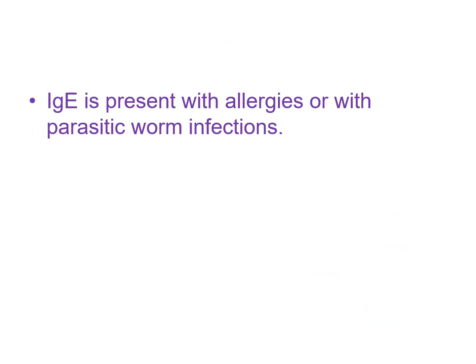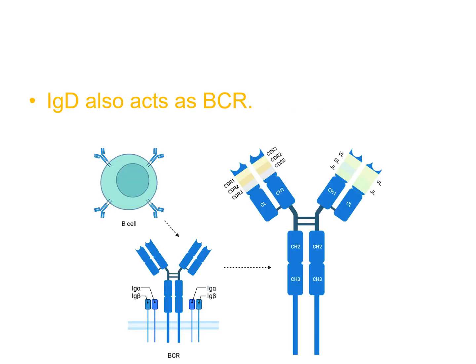IgE is present with allergies or with parasitic worms. So if you have those, you have elevated immunoglobulin E. IgD, or immunoglobulin D, also acts as a B cell receptor.